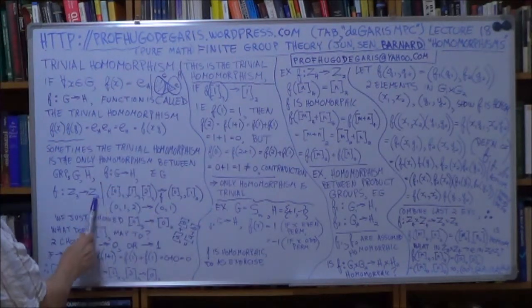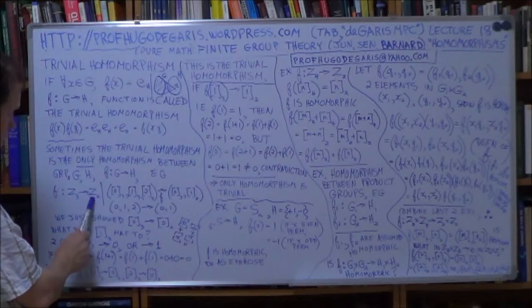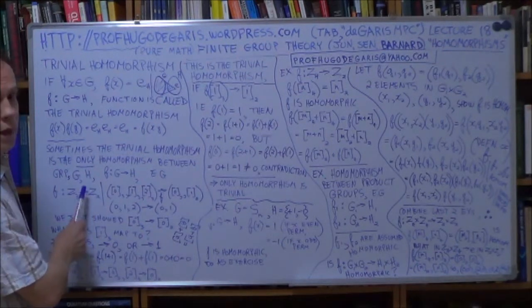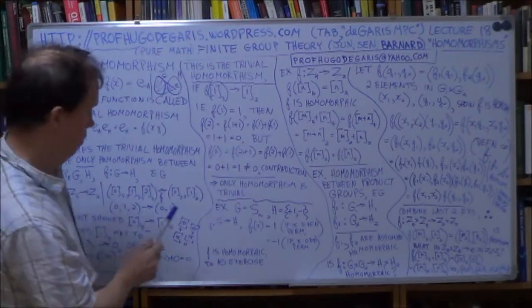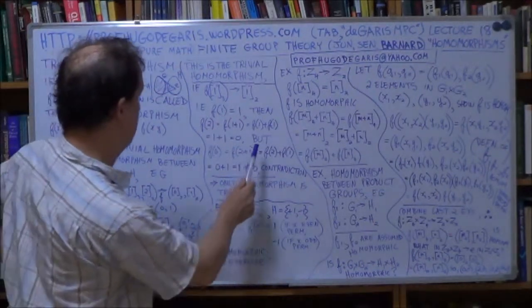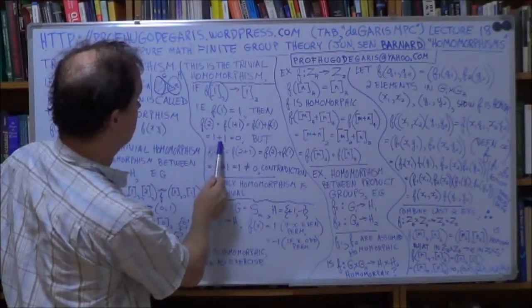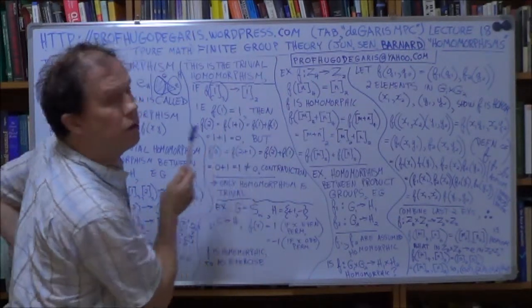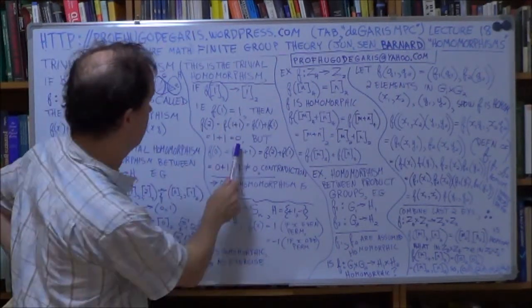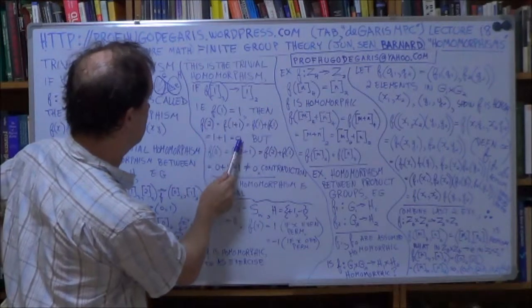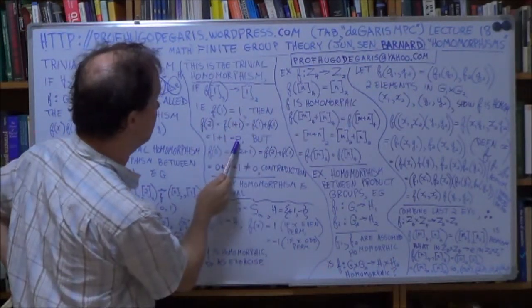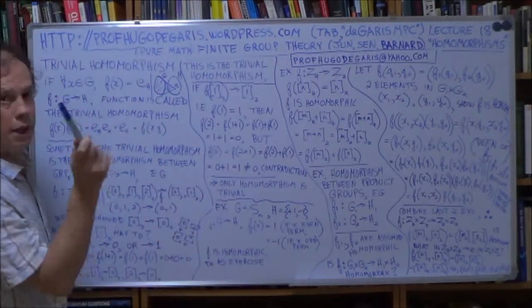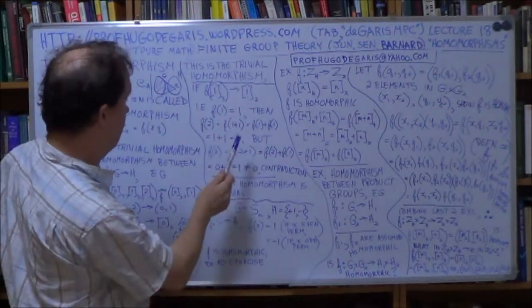This is a result in Z2. Now 2 mod 2 is 0. So 1 plus 1 is 2, which is 0 in mod 2. So in other words, f of 2 is 0. So if f of 1 goes to 1, f of 2 goes to 0. But that creates problems, because look at this.